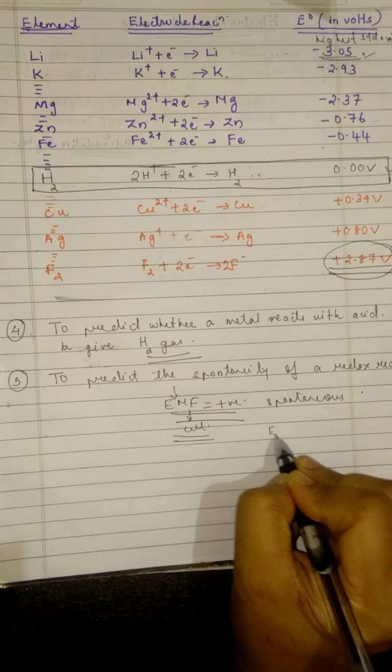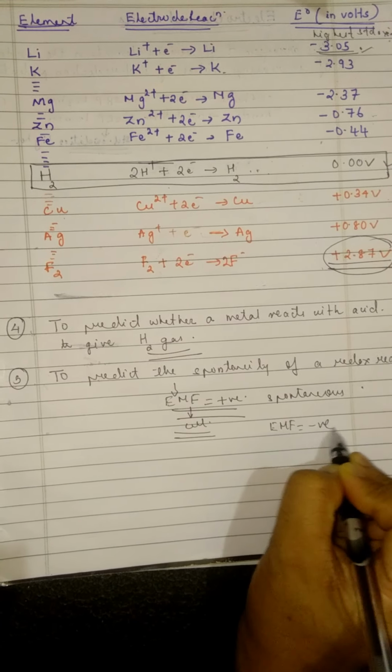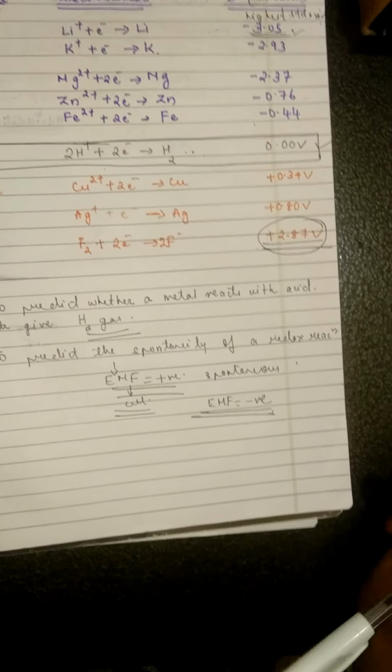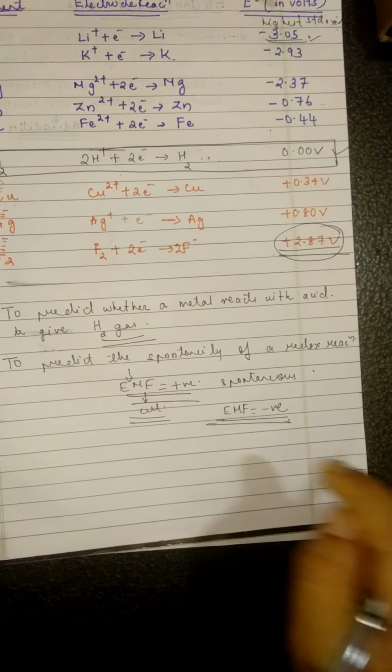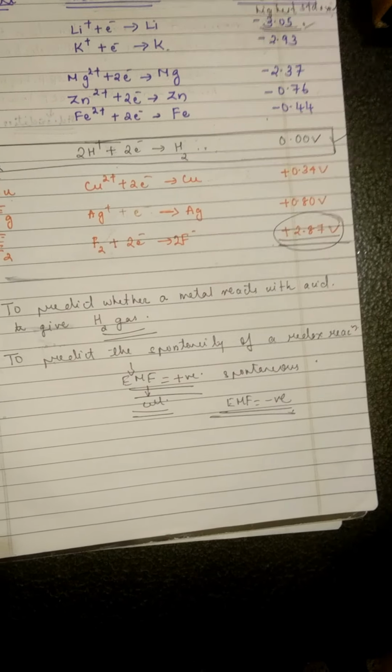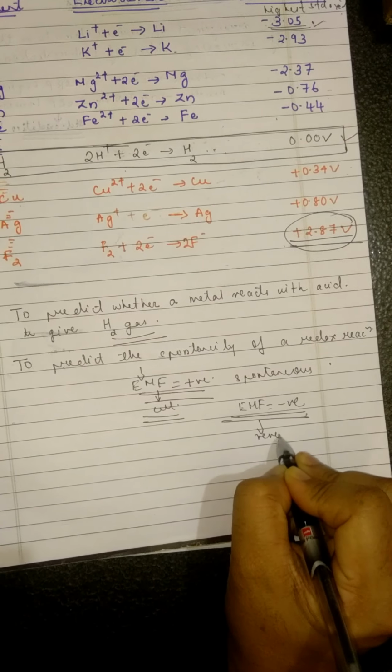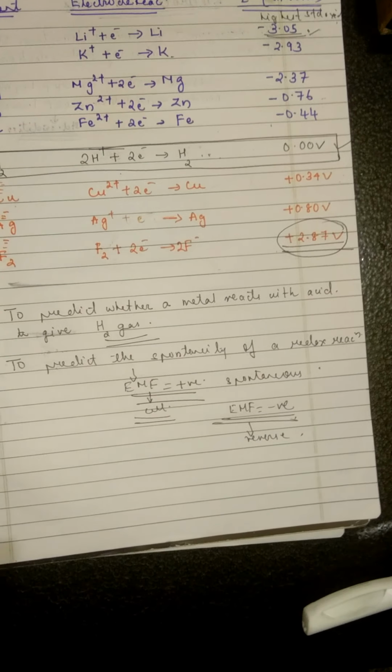Now, if the EMF comes out to be negative, that means the direct reaction cannot take place, but the reverse reaction may take place.